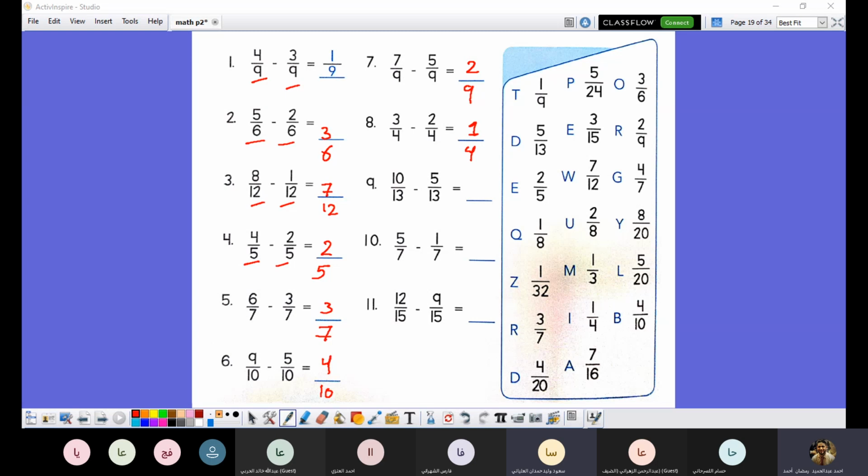Okay. Faris Al-Jardan, help me. Yes, teacher. 10 minus 5 equals 5 over 13. That's right. Very good. Abdurrahman. Yes, teacher. 5 minus 4 equals 4 over 7. 5 minus what?